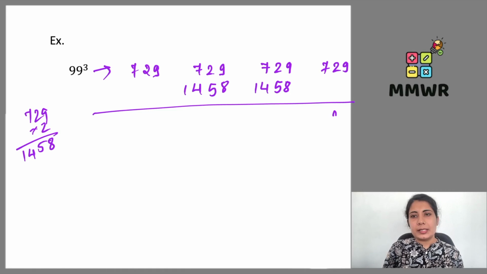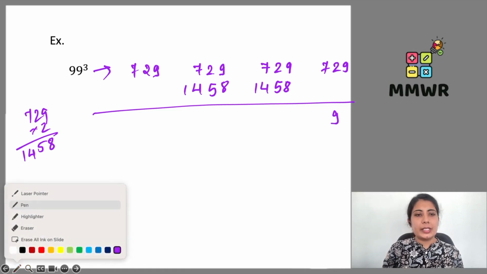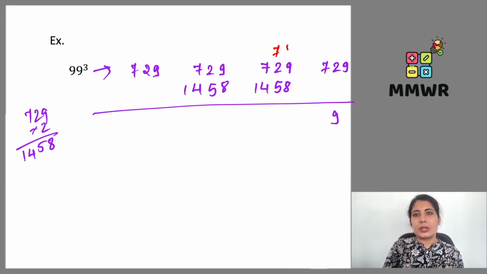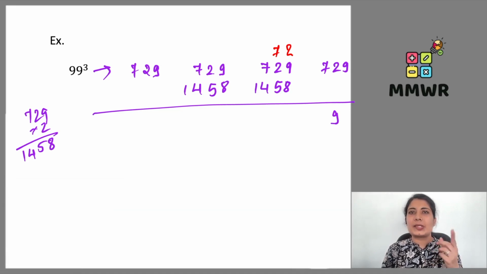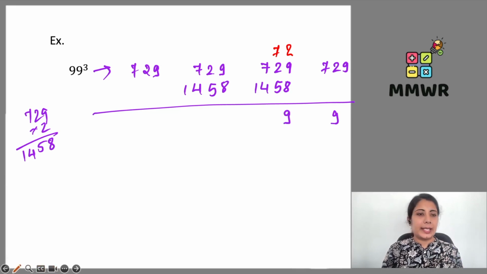Quickly we will be adding it, 9 as it is and 72 I will carry forward to the next column. Now 2 plus 9 plus 8 gives me 19 here, right? 8 plus 2, 10 plus 9, 19. Carry over 1. Now quickly we'll be adding this 72 to 145.